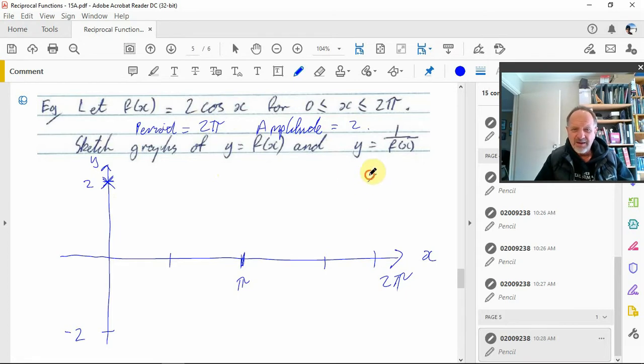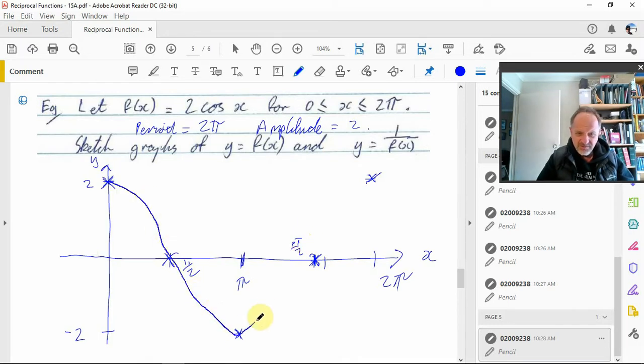So over here we're back up to the same spot. Now halfway between our maximums is where our minimum is, and that's down here at -2. And then of course halfway between our max and min is where we cross our axes. I'll put it halfway. So that's our pi on 2. That's our 3 pi on 2. And so we've got a graph that goes like so.